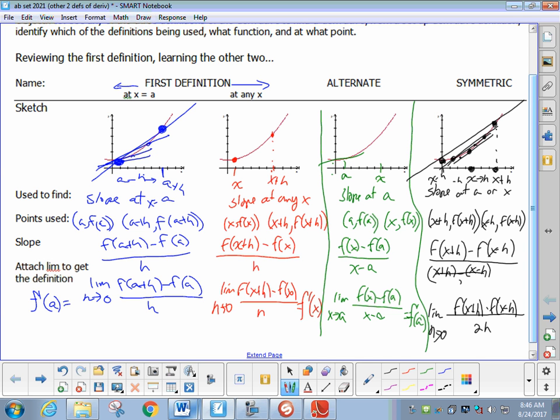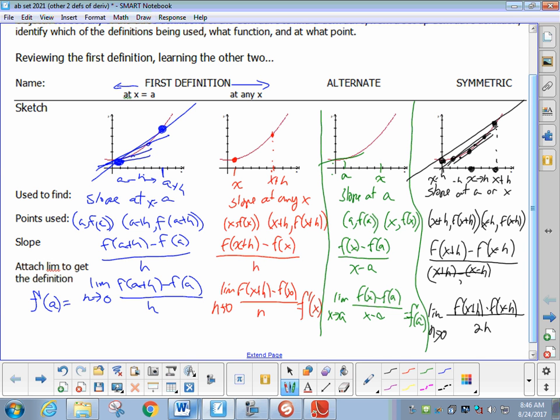Now, I haven't figured out how the Inspire is defined. But I can tell you the 84 was programmed with the symmetric definition, and because of that, it actually gave you wrong answers once in a while. We'll talk about that later once you get into this. All right, you with me so far?